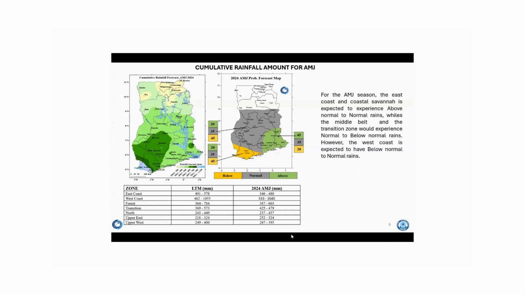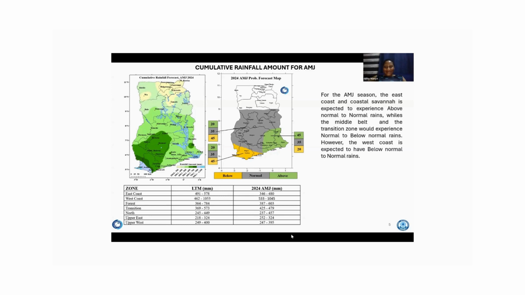I must also explain that if I say somewhere is going to get below average rainfall, it does not mean that it's going to be drought. Okay. You see that Axim and Half-Assini, they have the highest of 1,053. Imagine 1,053 millimeters of rain enters Accra.